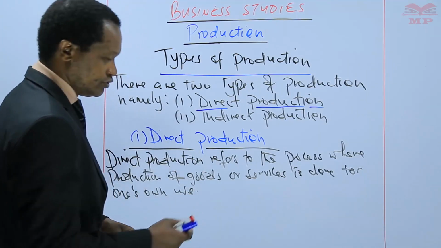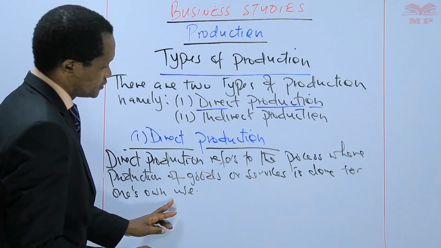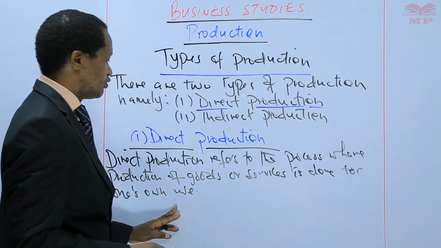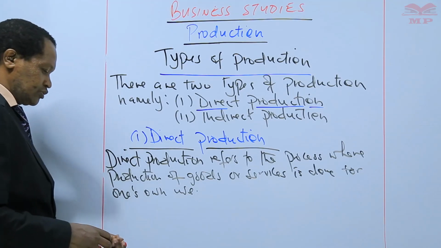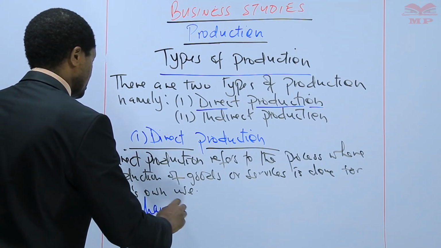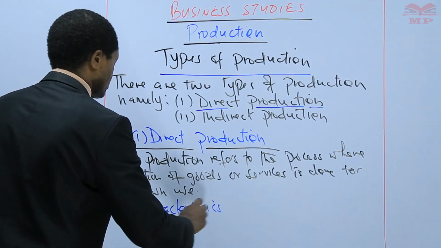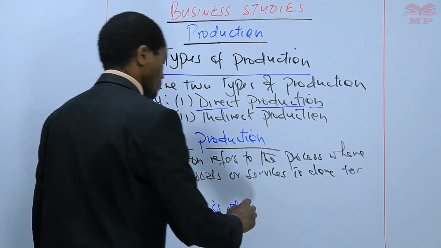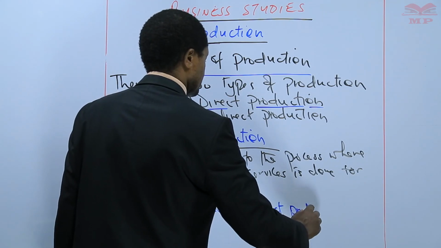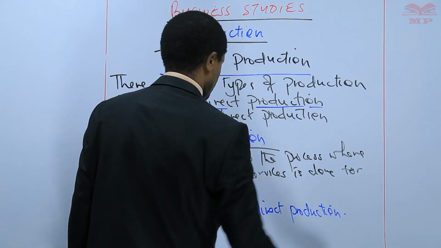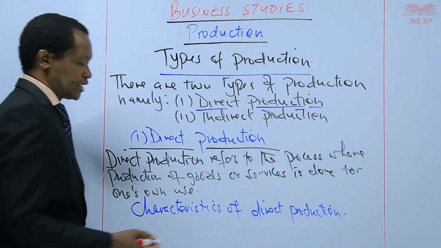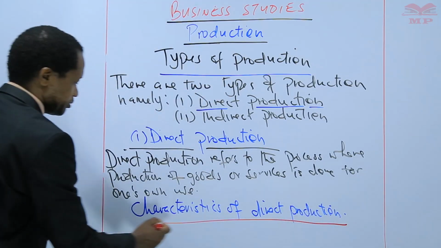Now we will move to describe the features or characteristics of direct production, which we've said is also known as subsistence production.